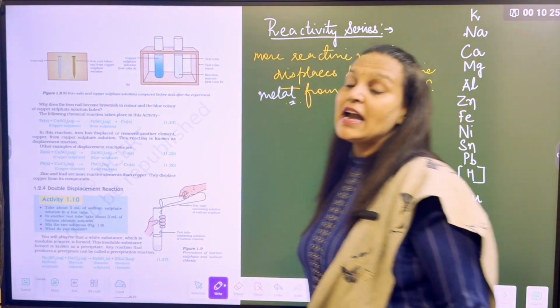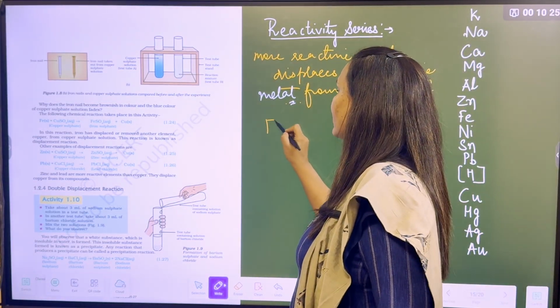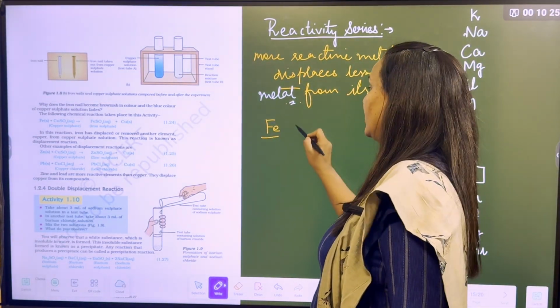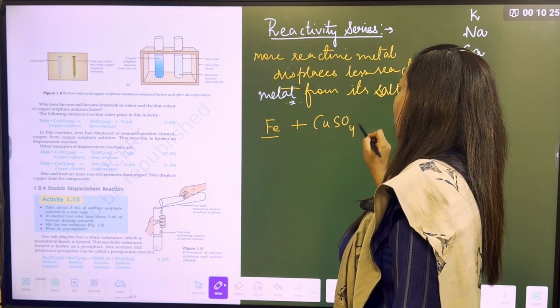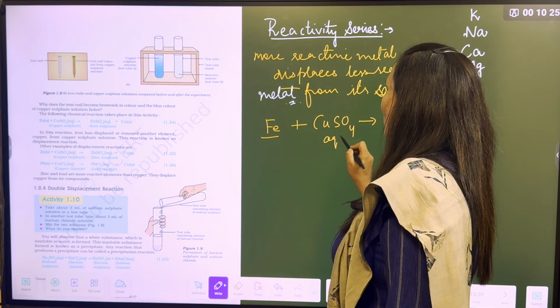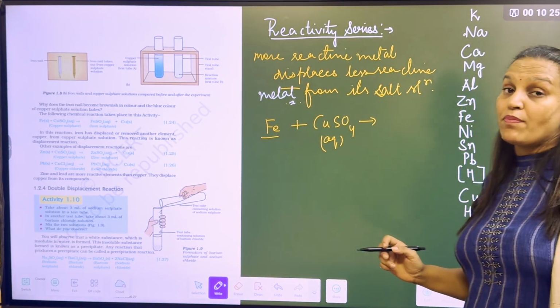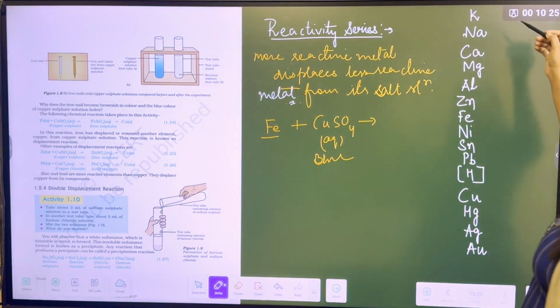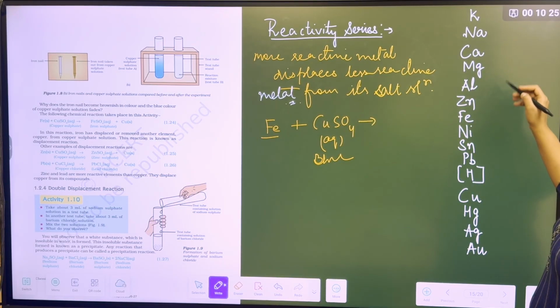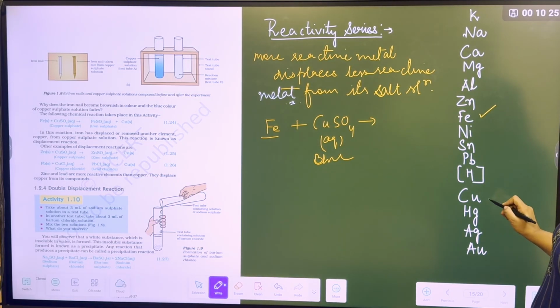It means that if there is a more reactive metal like iron, and you put iron in a copper sulfate solution, meaning aqueous, and everybody knows the color of copper based salt, blue. So if you see this reactivity series, iron is above the copper.